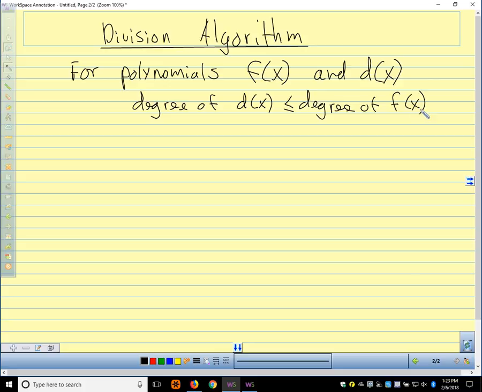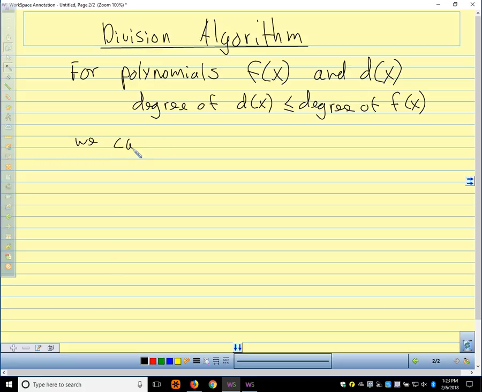So essentially we're dividing bigger polynomials by smaller polynomials. Just like when we divide numbers, we usually want to divide a bigger number by a smaller number. And we don't want d of x to be 0. We're not dividing by 0.